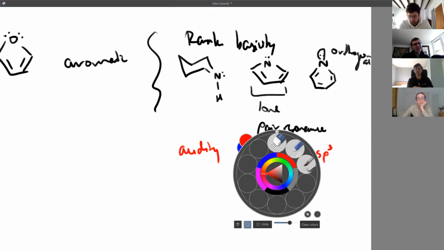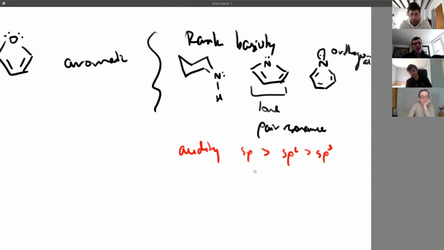So technically, the official way you're supposed to do it is just to take the opposite of acidity, but it works and it is correct. So it's the easiest way to do it. But yeah, it's the opposite. So sp3 nitrogens are going to be the most basic.